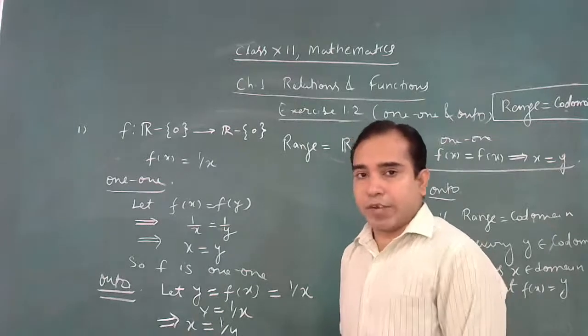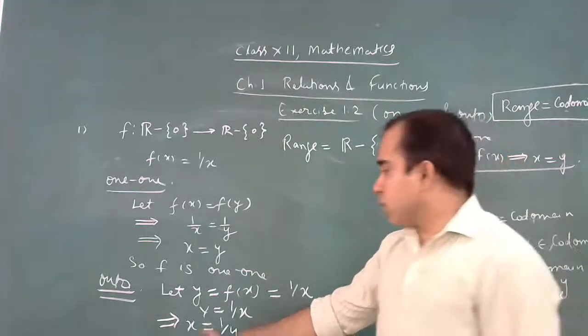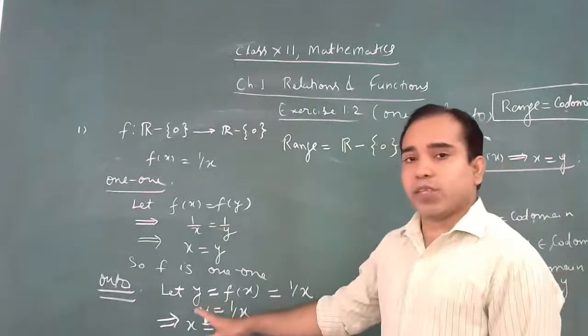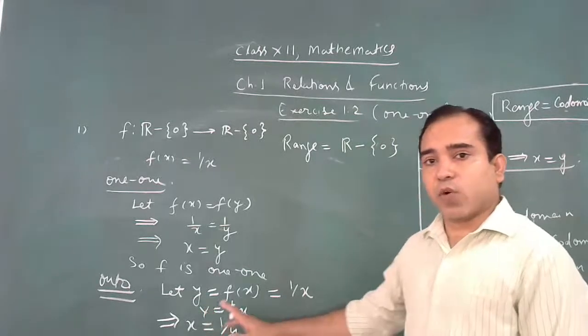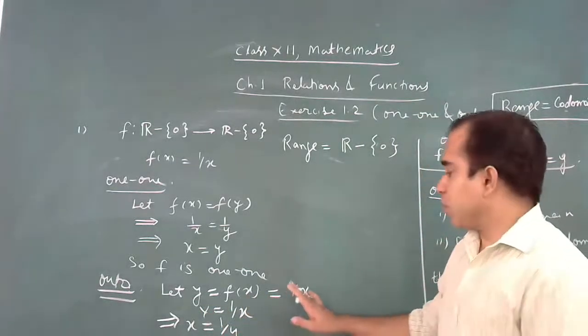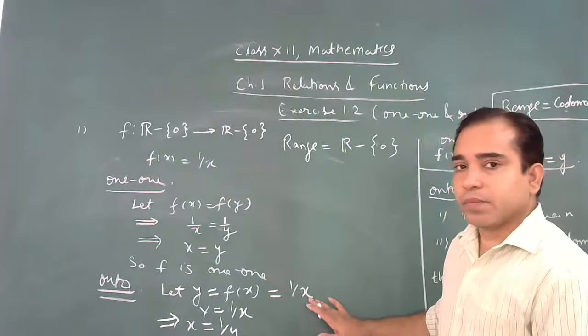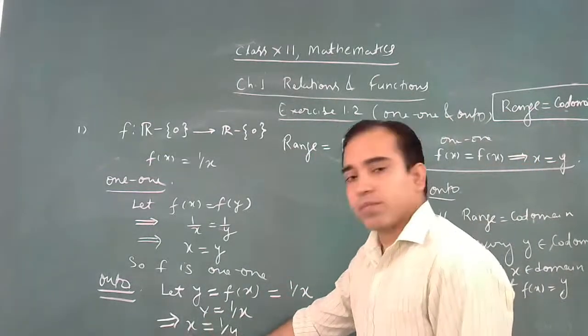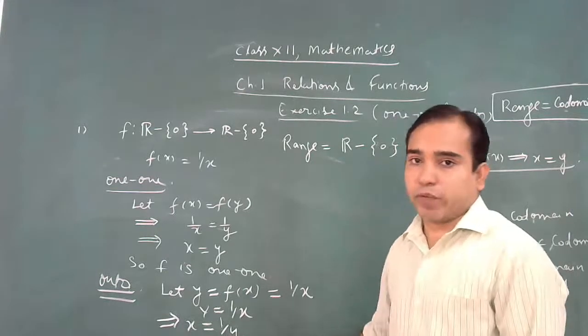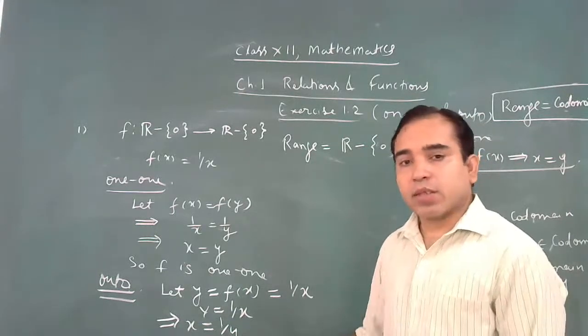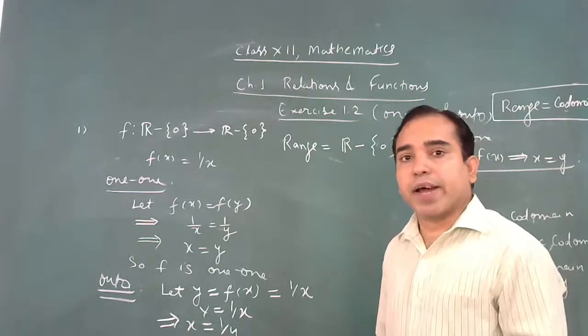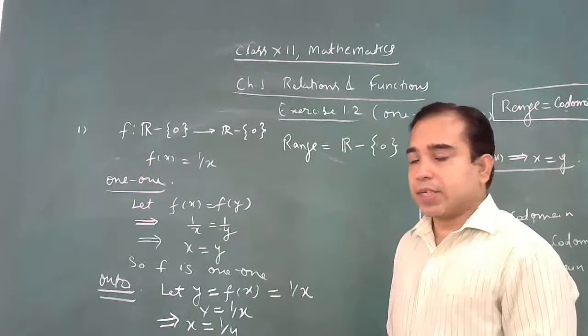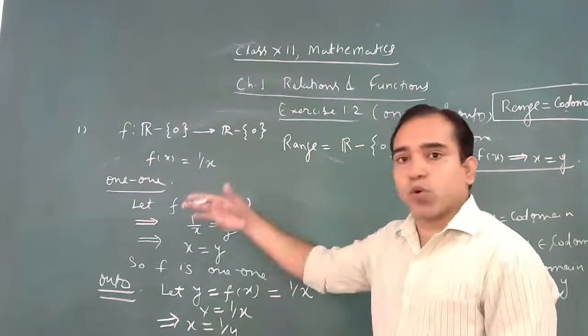Revising how we find range. To find the range, the method is always we start with let y equal to f(x). Meaning of f(x) you write. Then express x in terms of y, which we have got here, x equal to 1 upon y. Now you check what values of y are allowed to be taken so that x comes within the domain.